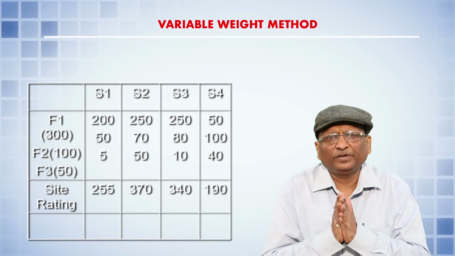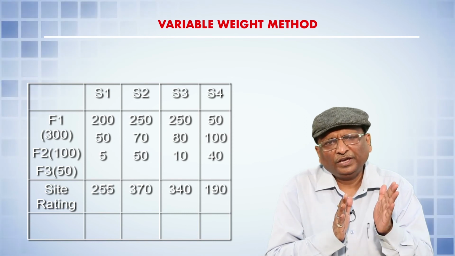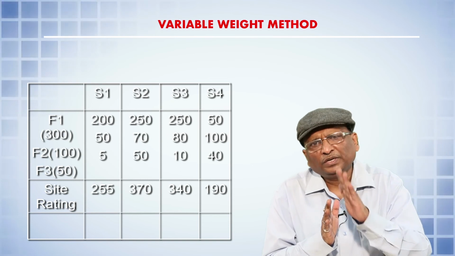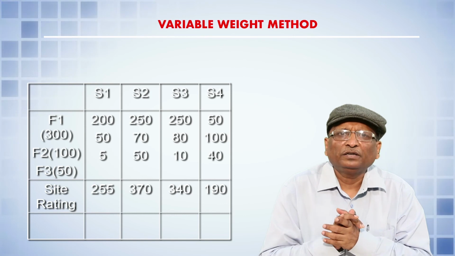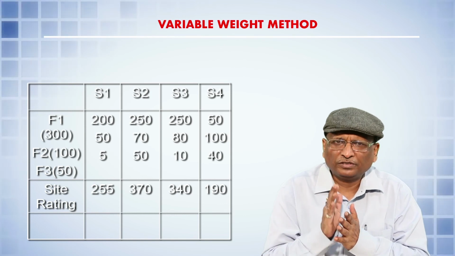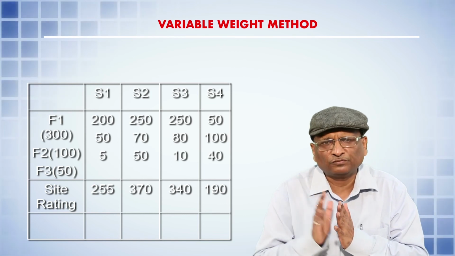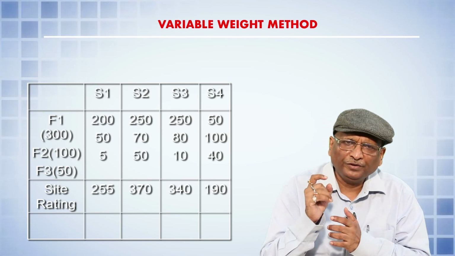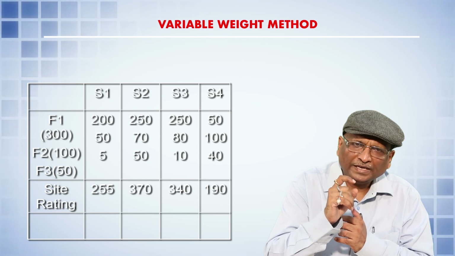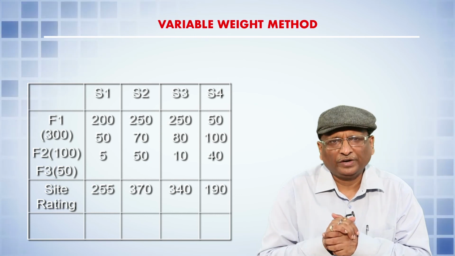Now, what we have done, we have given the weight for site S1, S2, S3 and S4, and we have multiplied the weight of the site to the weight of the factor.